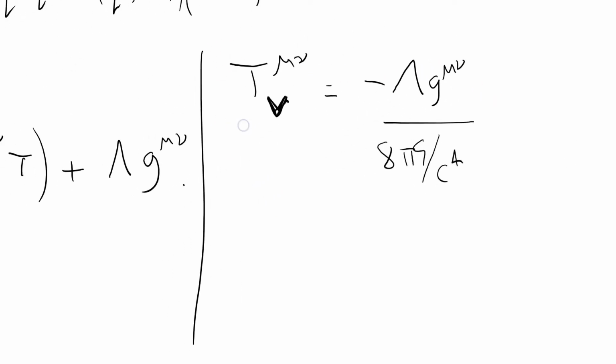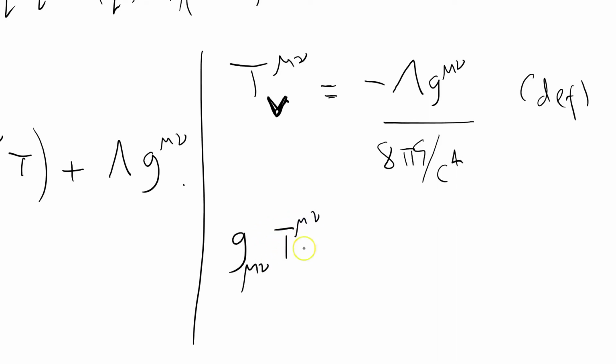What I'm going to do now is to multiply on the left and the right of this equation here. This is a defining equation, a definition of this thing here. I want to extract a scalar from this. So I'm going to multiply on the left and the right by g upstairs mu nu.